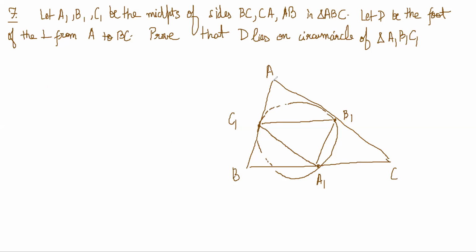We have to prove that this is an altitude. Prove that D is the foot of the altitude from A to BC. Then D lies on the circumcircle.